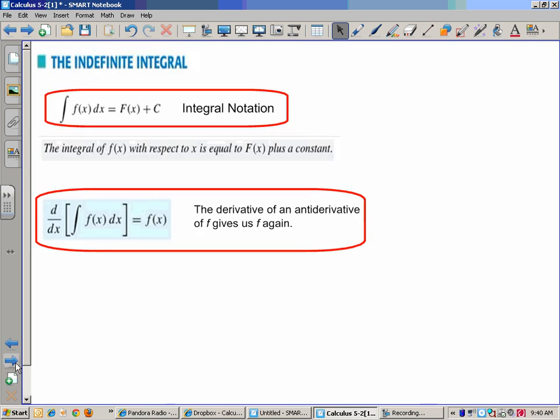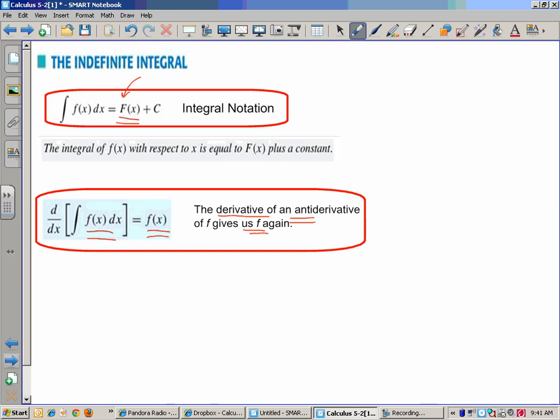Okay, so integral notation. When you take the derivative of an anti, you're going to get the original function. Notice for notation, we use a capital F for the anti.